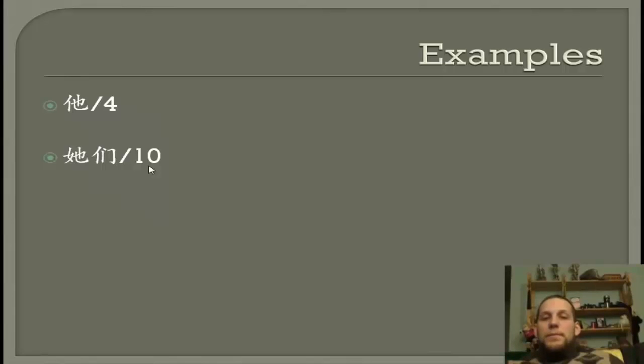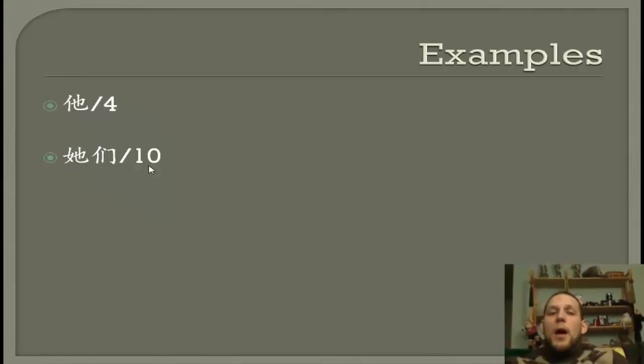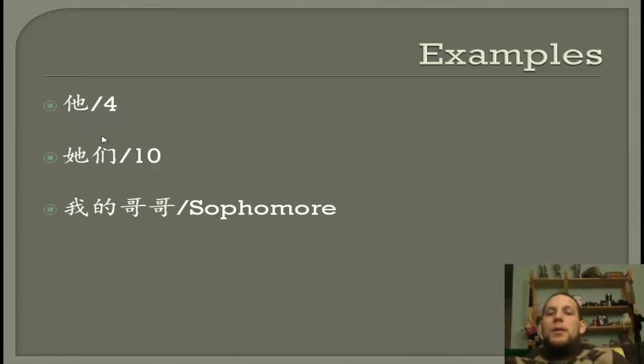So what's the question? 很好，他们上高几？And the answer would be 他们上高一。Okay. Next example. 我的哥哥。哥哥 is older brother, so 我的哥哥 means my older brother.